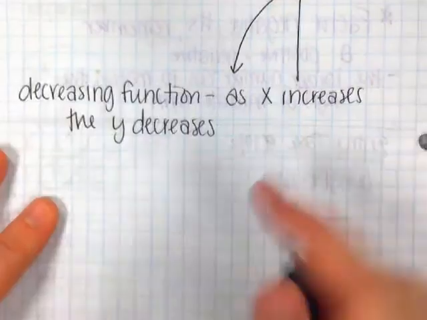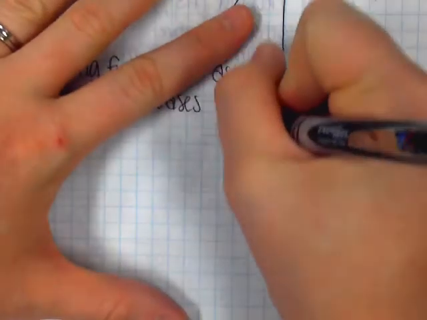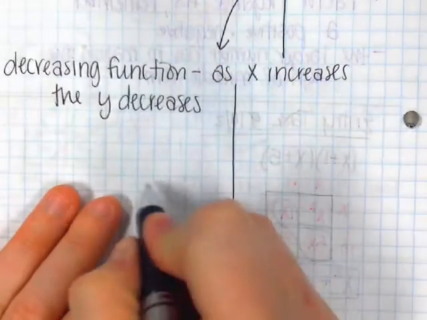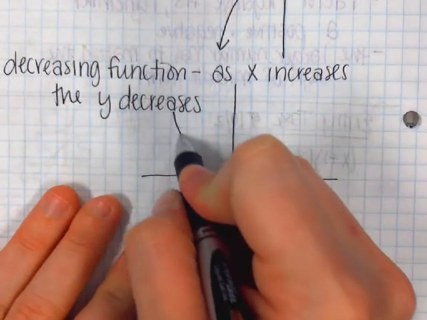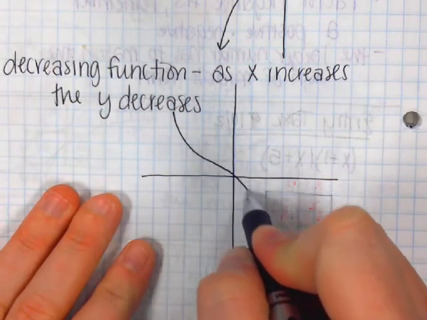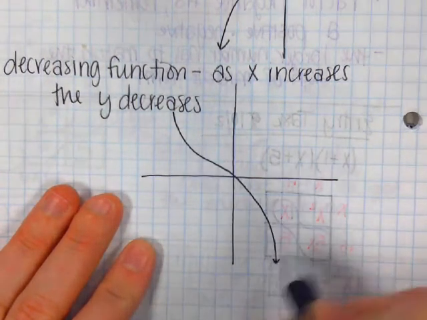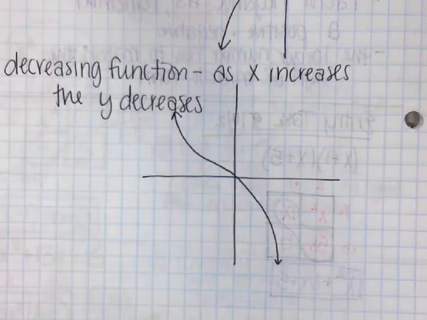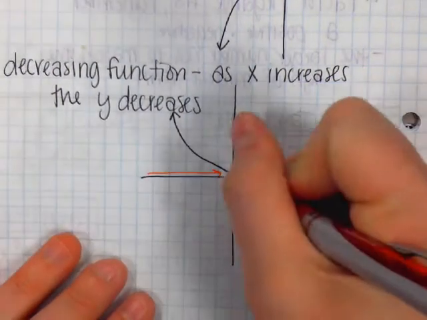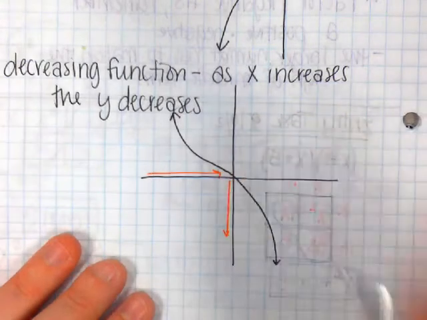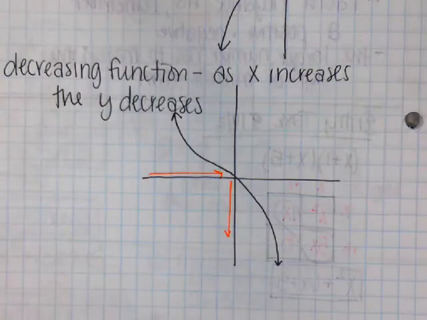So as x is going up, the y is going down. It would be the opposite of that graph that I just showed you. It would start here and then go down. As x is increasing, the y values are going down. So that is a decreasing function.